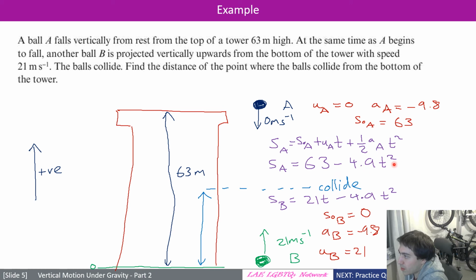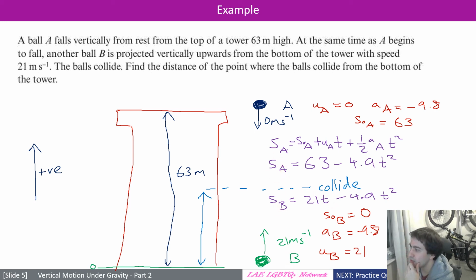Okay, so here's what we're saying. If you pick a value of t, you'll be able to get the position of these objects at any given moment. So when I do t is 0, I get 63 here, and when I do t is 0 for b, I just get 0, which makes sense. So I want to find a t value at which both of these are the same, right?